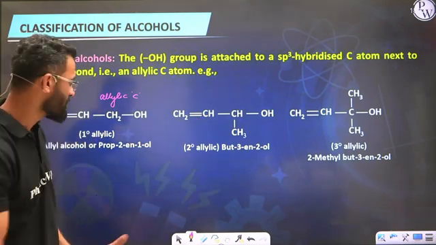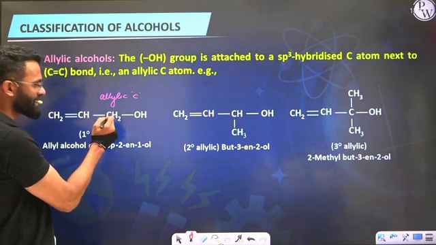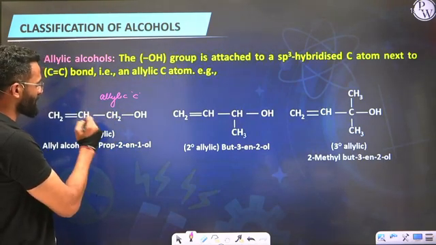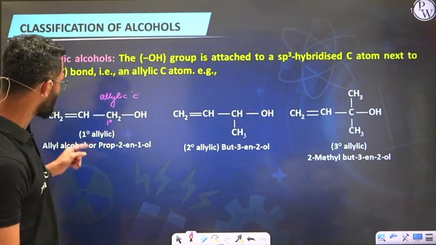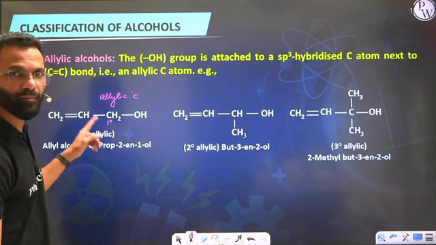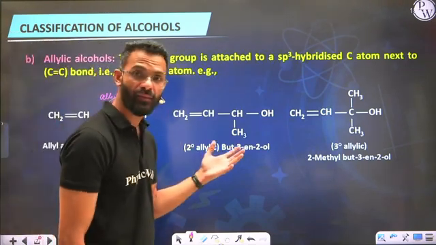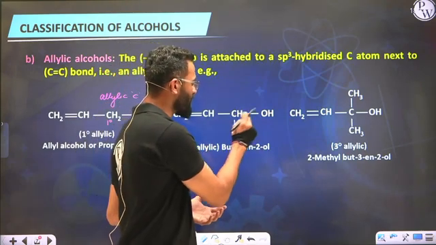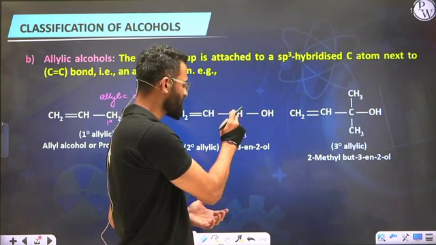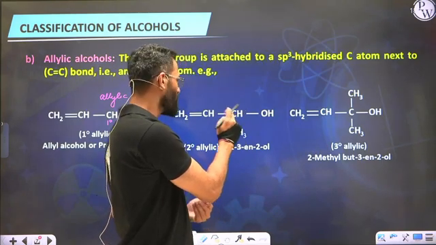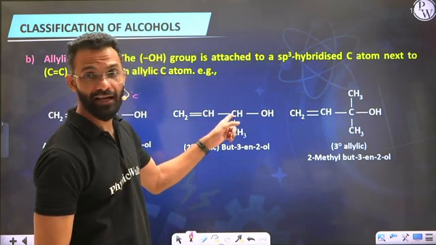How come? If this is allylic alcohol, if this is the allylic carbon atom, find out its degree. The allylic carbon is directly connected to only one carbon, so this is a primary allylic carbon. So we call it primary allyl alcohol. Over here, look at the carbon atom to which OH is connected. Is it sp3? Yes, this is sp3 itself, but adjacent to an sp2 hybridized carbon, which means this is certainly an allylic carbon.